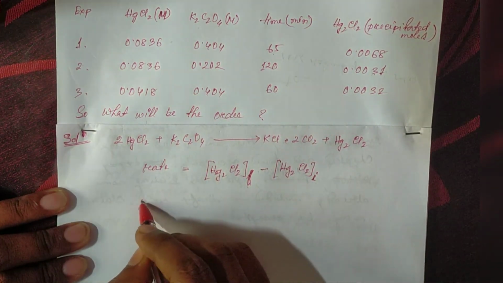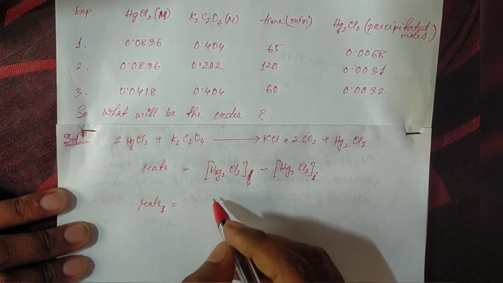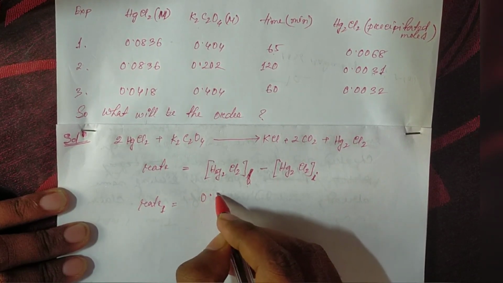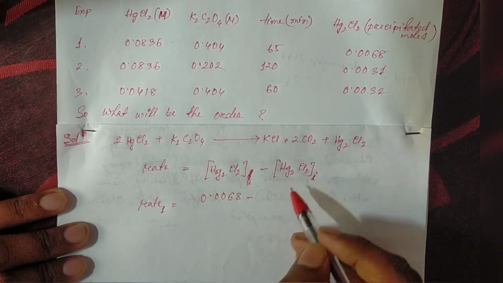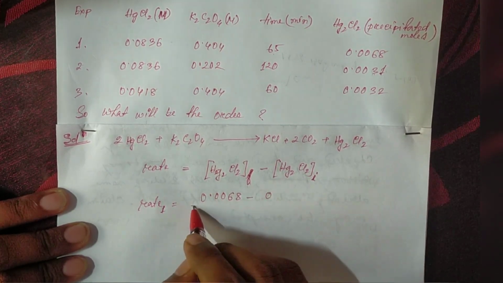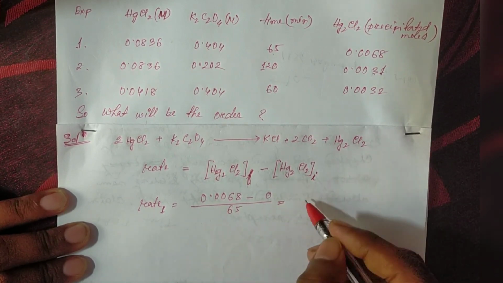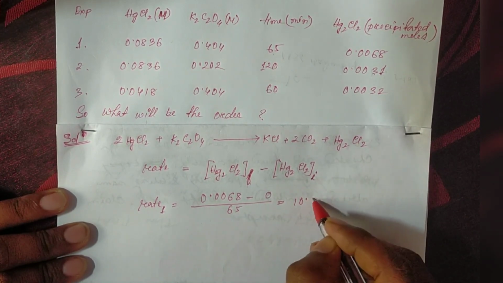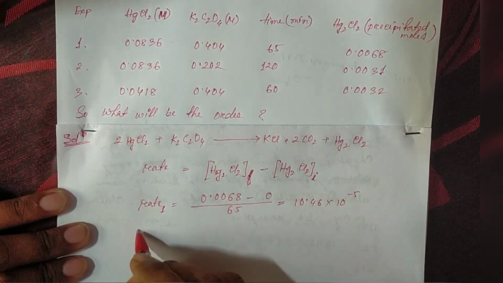The rate for the first experiment will be 0.0068 minus 0, as the initial is 0, and the time is 65, which gives 10.46 into 10 to the power minus 5.